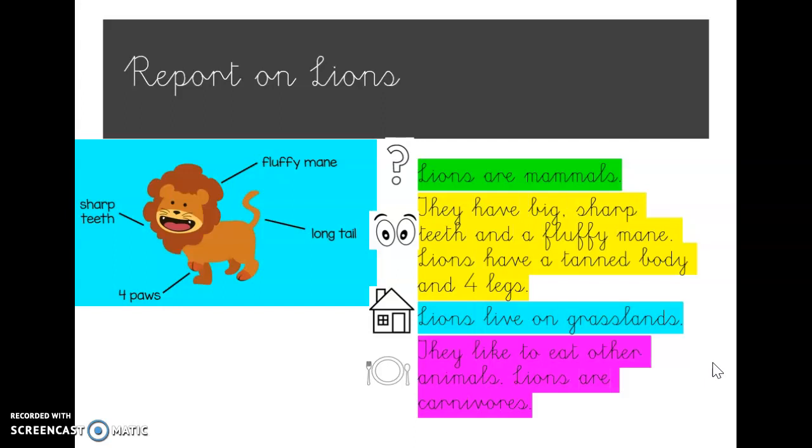And the picture of the plate with the spoon and the fork is what their diet is, or what they like to eat. So I said they like to eat other animals. Lions are carnivores. Okay, so that's what a report, a basic report, is made up of. What type of animal it is, what does it look like, where does it live, and what does it eat.